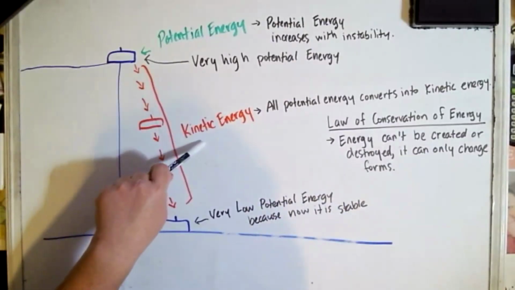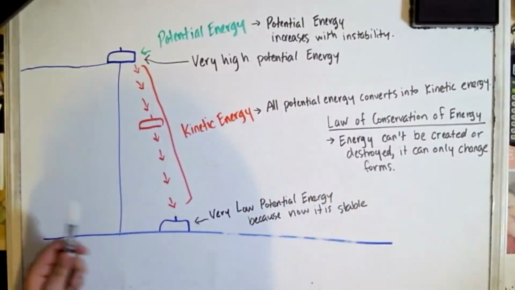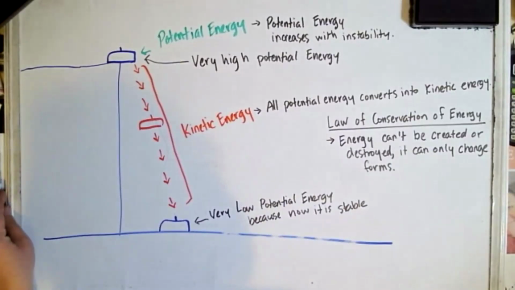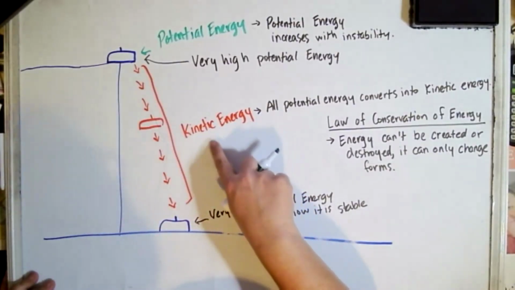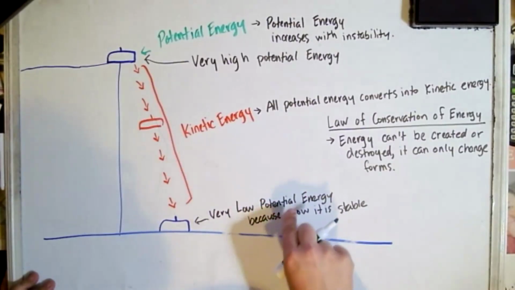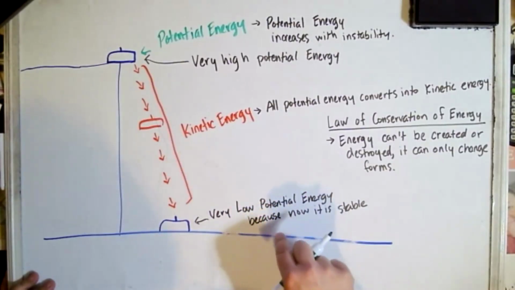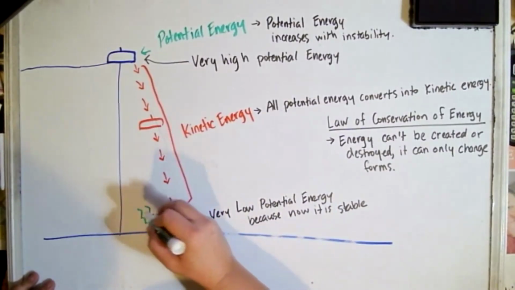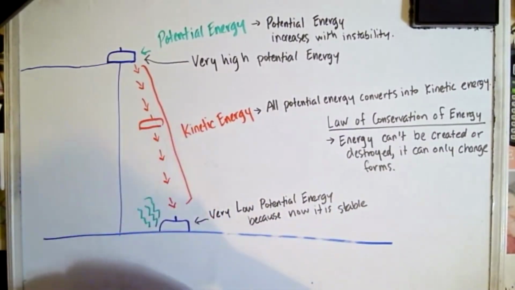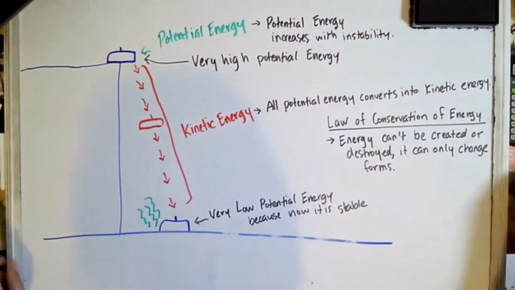But all the energy that it fell down with still has to go somewhere, right? It can't just disappear. So what ends up happening is that whatever of this kinetic energy did not transition into potential energy ends up getting released to the environment as heat, or what's called thermal energy.